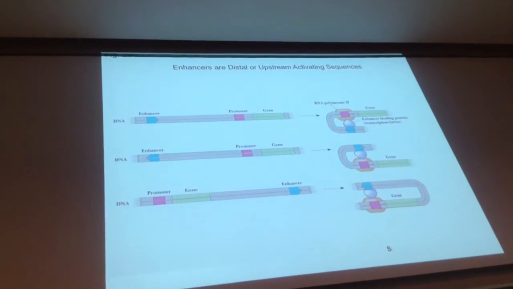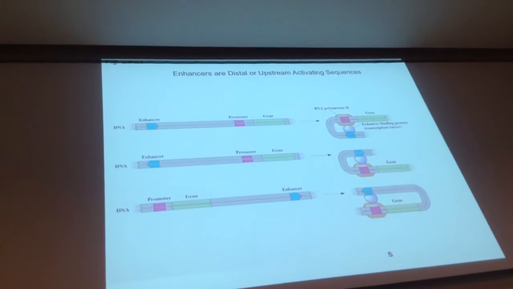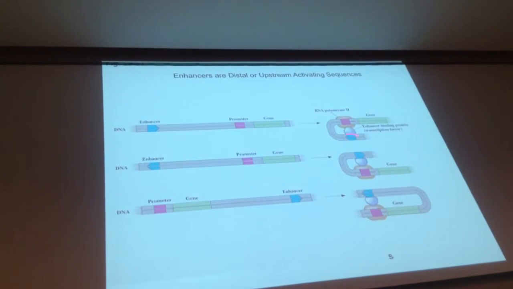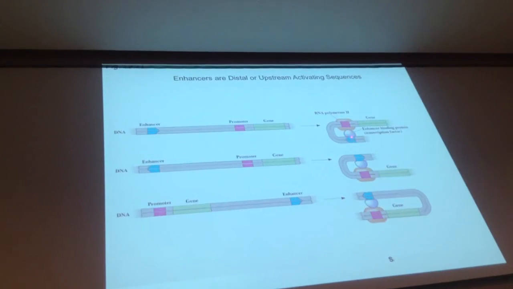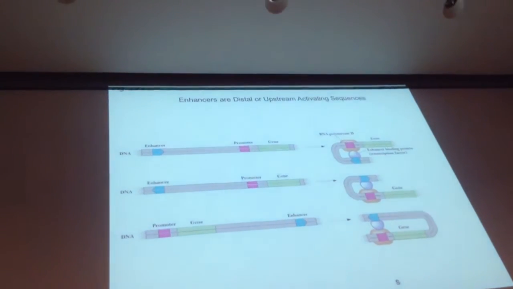And we said that these enhancer elements got their name because they increased expression, they enhanced expression. They do so by enhancing the binding of polymerase to the proximal promoter. So the polymerase binds to it, and the enhancer elements somehow help to load it, which implies that they interact with the polymerase, and they do.